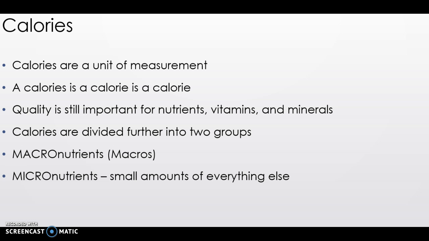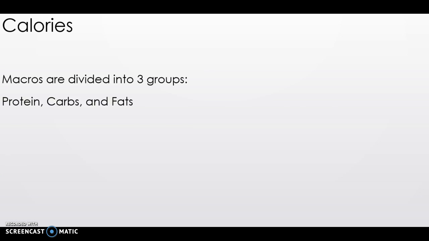So do you know what 3 groups are made of macros? Yes, proteins, carbs, and fat. Those make up your macronutrients. Protein has 4 calories per gram. Do you know how many calories per gram are in carbs?